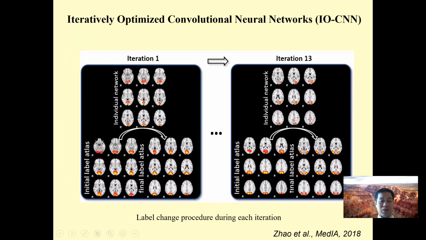So let's look at one example. We start with the initial labeled brain networks. We are going to do a different number of iterations. In each iteration, we're going to predict the label of each network by the trained convolutional neural network, and then we're going to update the training and retrain the network based on the labeling estimation. And then we're going to iterate this whole process.